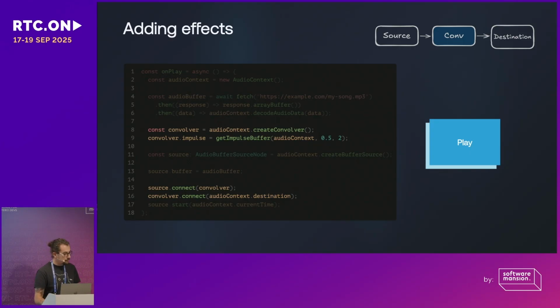The second one we have to provide as an impulse parameter, and it is just another audio buffer. Here, for simplicity, we can assume we are filling it with random values. Then, in order to really modify the song, we have to connect this convolver node in between the source and the destination. The effect sounds like this.